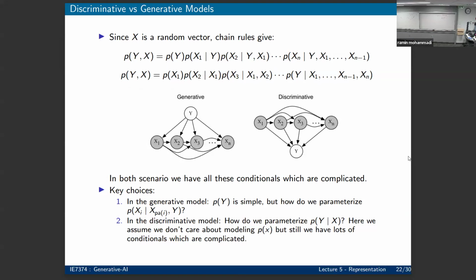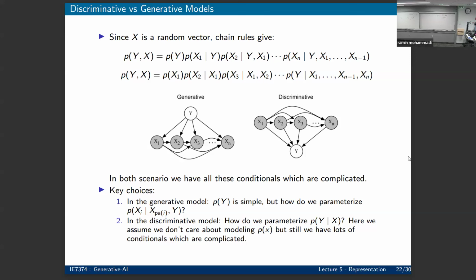You see all the conditionals are x given y, and that produces this generative model. So y always exists, and then there's this connection, and there are intra-connections also. In this scenario, x1 depends on x3, x3 depends on x1, and so on. You have all these connections, right?